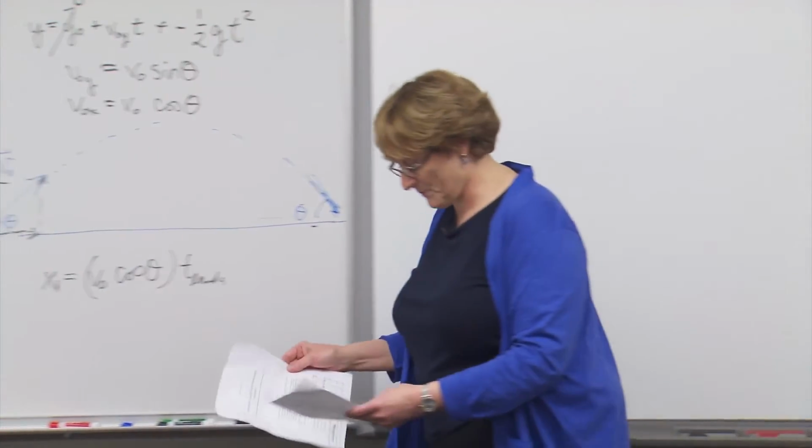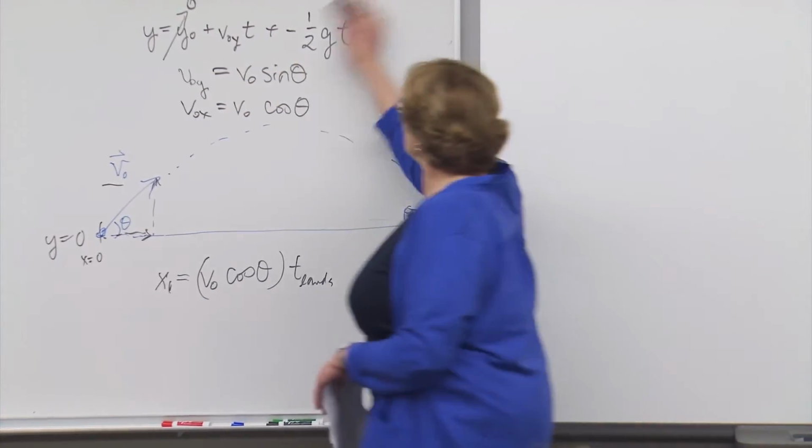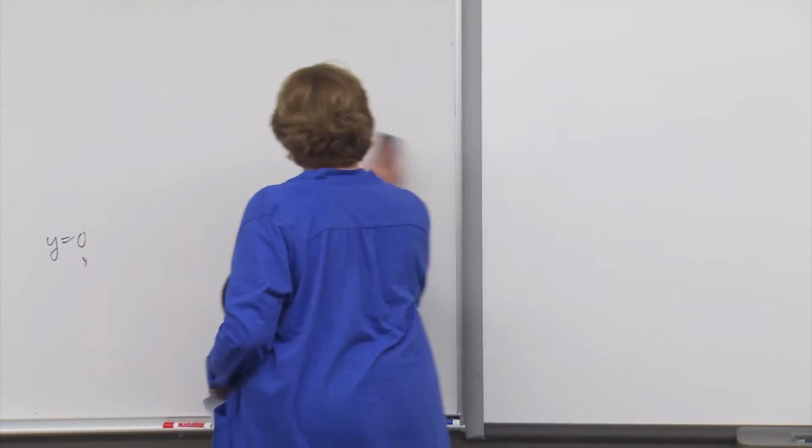All right, relative velocity. Okay, let me start talking about relative velocity. So far, we have talked about motion with respect to some stationary frame. Like we're talking about the car driving down the highway, and we're thinking about the highway being stationary.